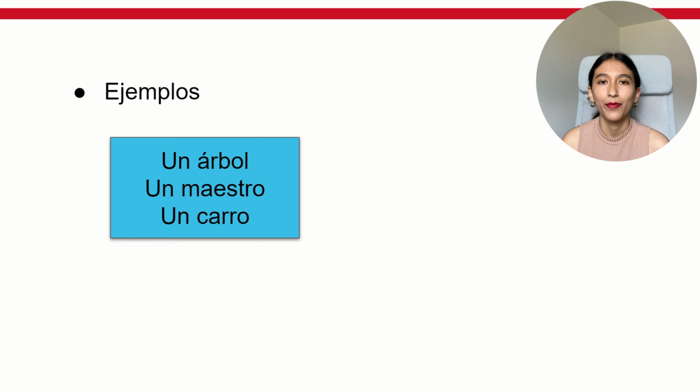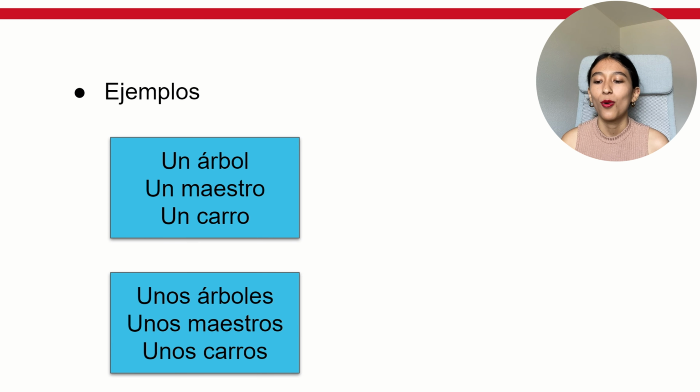A car. Un carro. And the plural of these are unos árboles. Unos maestros. Unos carros. And now the feminine examples.